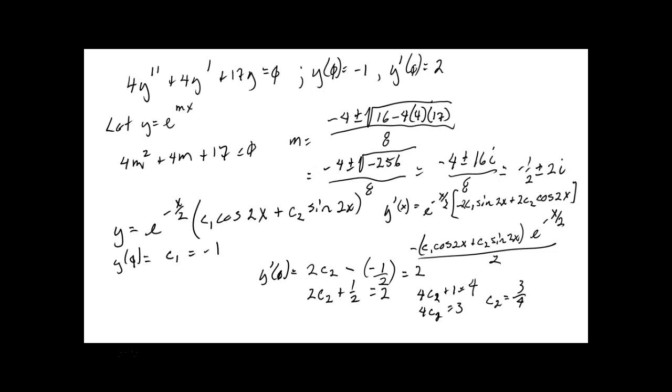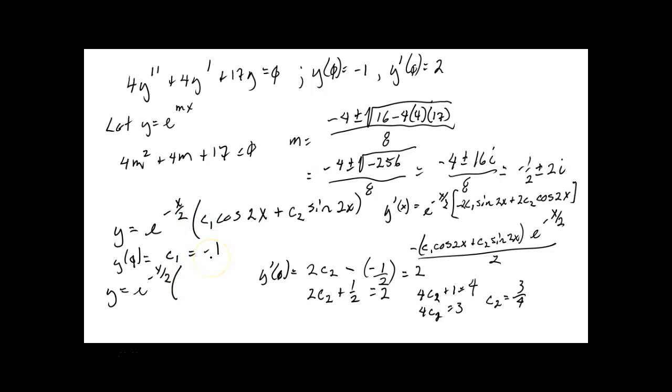Yay or nay? Okay. So now we get to plug in our solution. The general solution is y equals e to the minus x over 2 times, C1 is a minus 1.